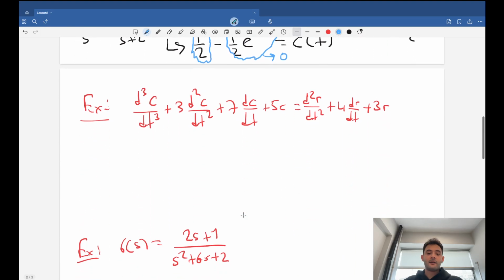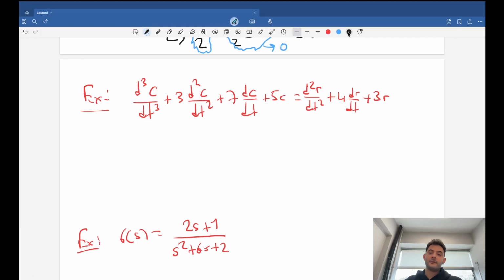And we will have another easy example here. We are given a differential equation, and we need to get the corresponding transfer function. So again, all the initial conditions are 0.